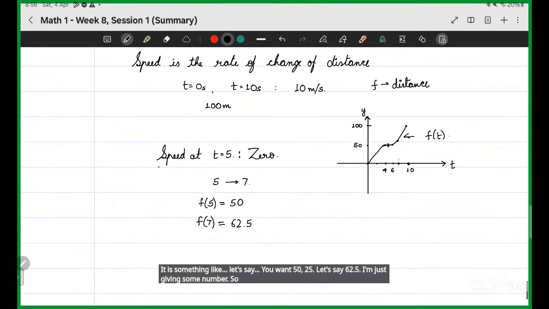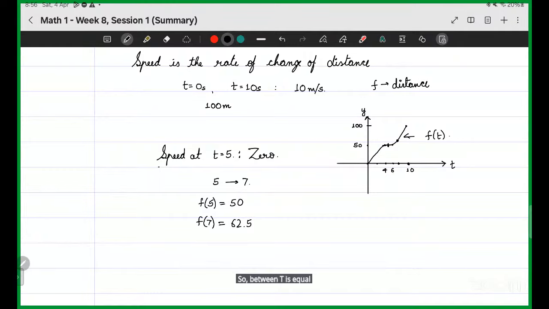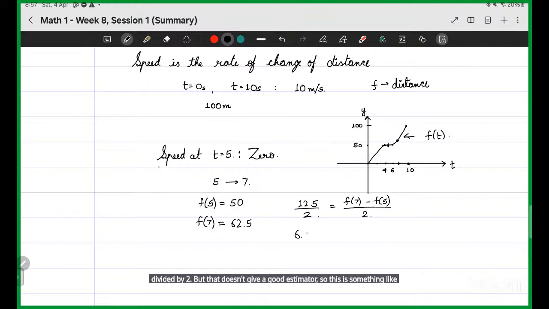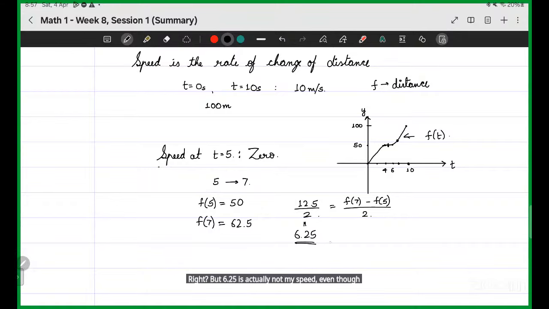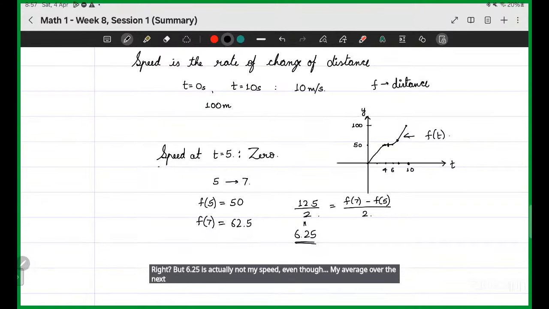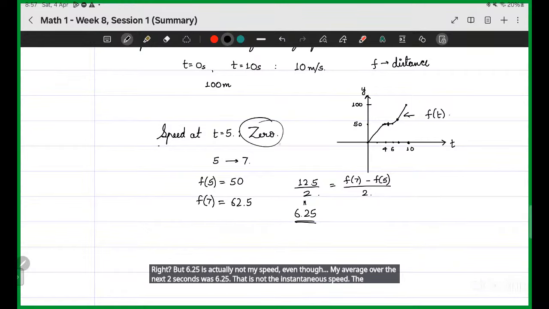So between t is equal to 5 and t is equal to 7, what is my average speed? 62.5 minus 50, so 12.5 divided by 2. That is just f of 7 minus f of 5 divided by 2. But that doesn't give a good estimator. So this is something like 6.25, right? But 6.25 is actually not my speed, even though my average over the 2 seconds was 6.25. That is not the instantaneous speed. The instantaneous speed, as we noticed, was 0.